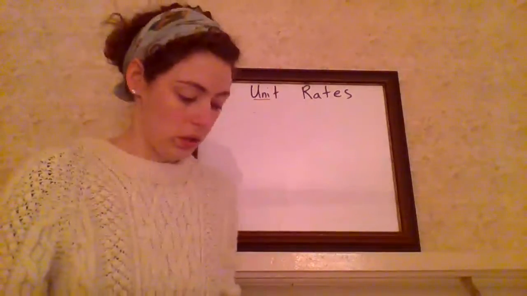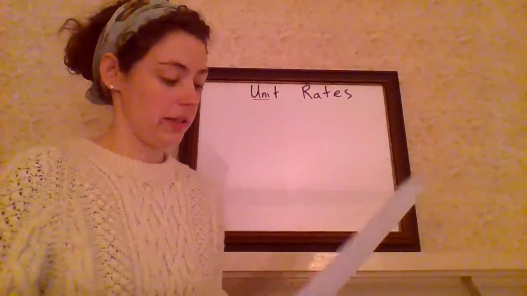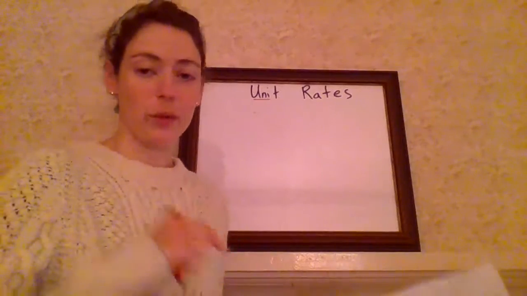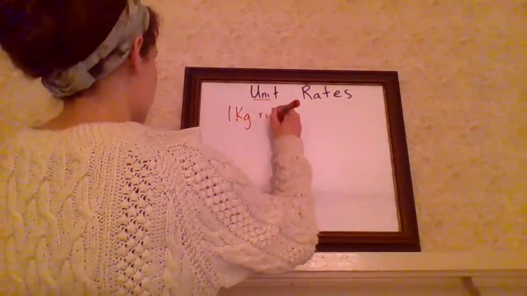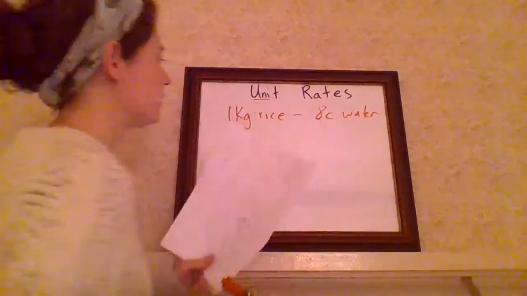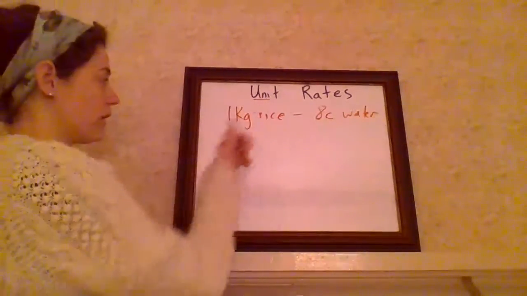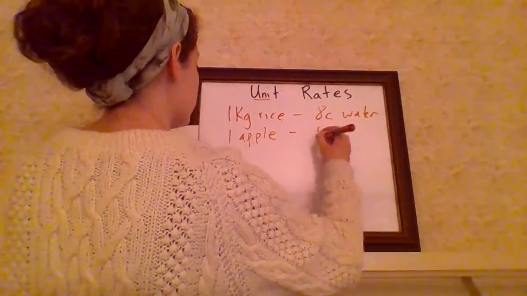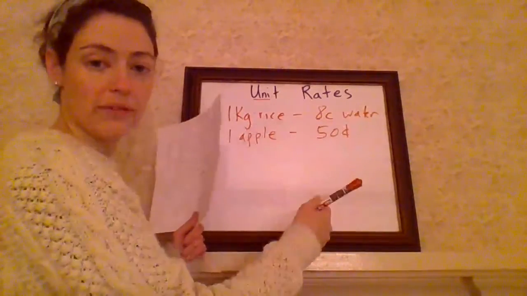So let's look at some rates that have one of their quantities as 1. So for example, you could have 1 kilogram of rice for every 8 cups of water. So this is a rate, and it's a unit rate because this is 1 kilogram of rice. Or you could have 1 apple costs 50 cents. So that would be the rate at which you pay for apples.